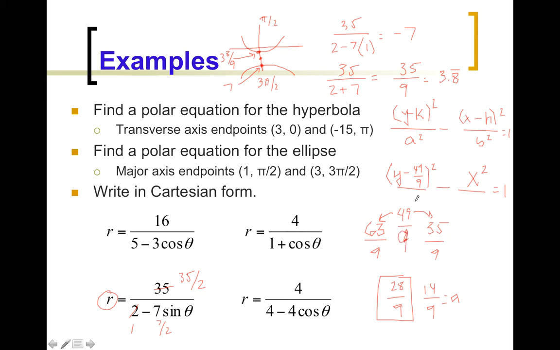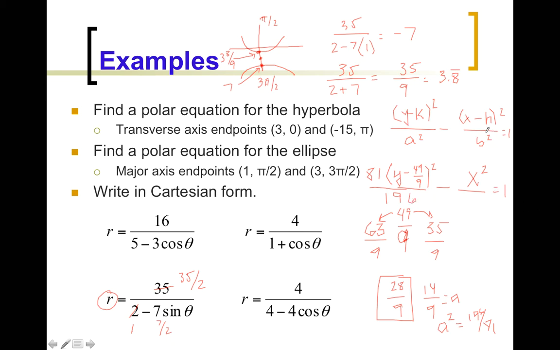And A squared is going to be 196 over 81. Wish this pen worked a little bit better. So A squared is 196 over 81. And you got to remember that when you put that into the fraction, the 81 goes on top, and the 196 goes in the bottom.